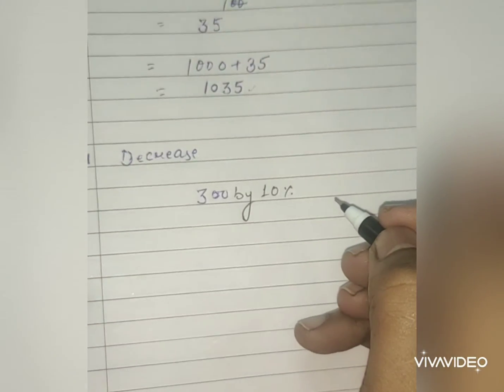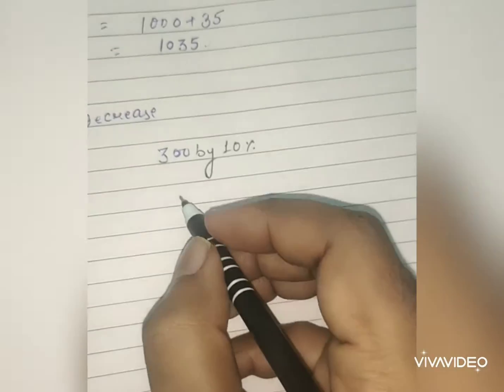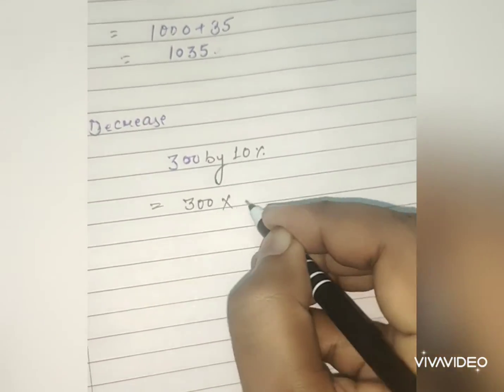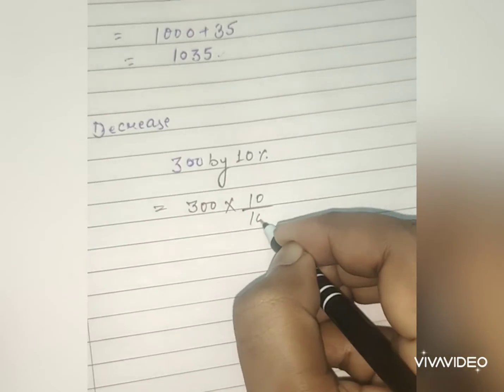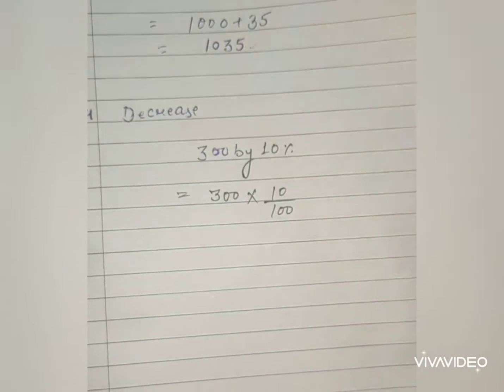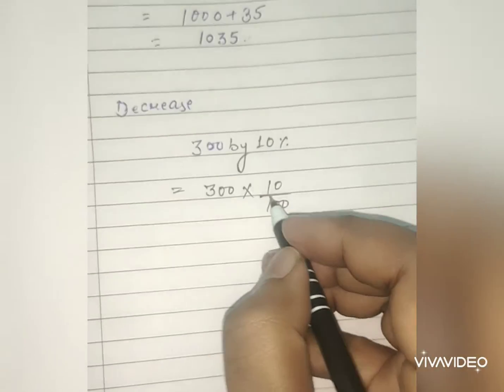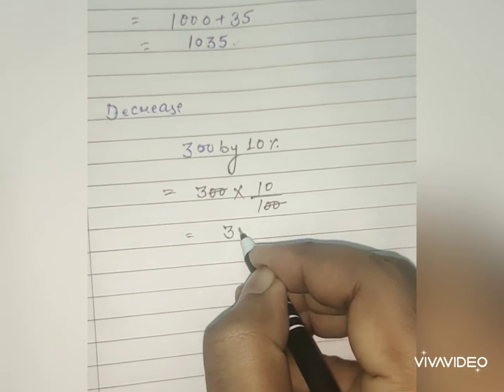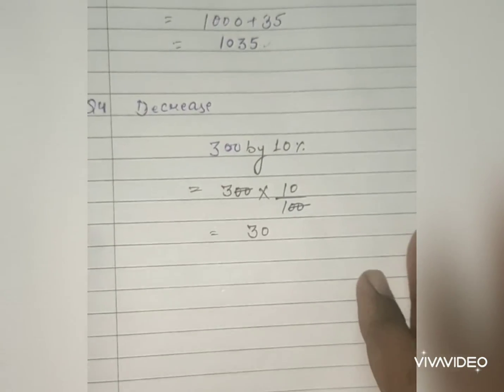Okay, so here you have to decrease. So we can write like this: 300 multiply 10 upon 100. Clear? Then cut these 2 zeros. You will get from here 30.